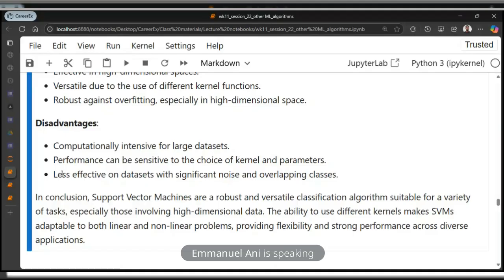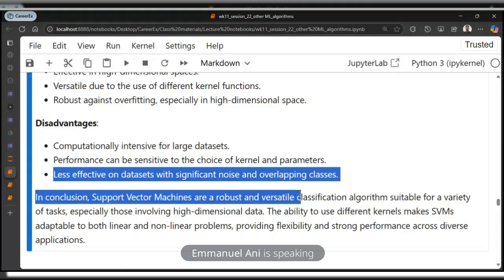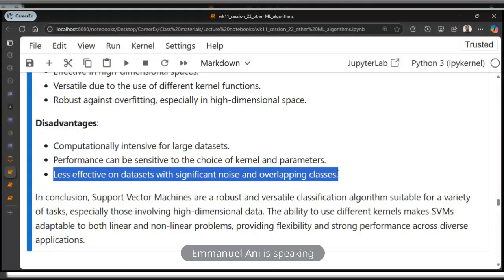It is also less effective on data sets with significant noise and overlapping classes. Remember, when we are working with non-linearly separable data, the data is projected to a higher dimension. But when you have classes that overlap a lot, it's going to find it difficult to find an optimal hyperplane, all right?